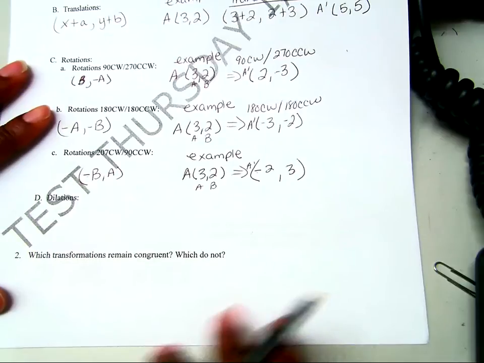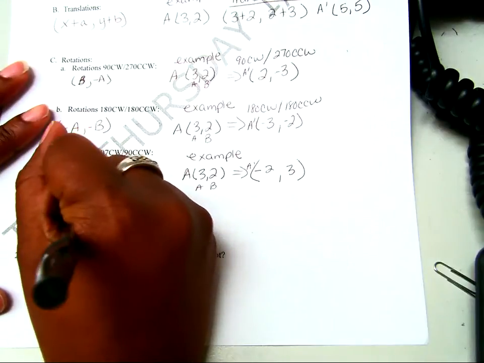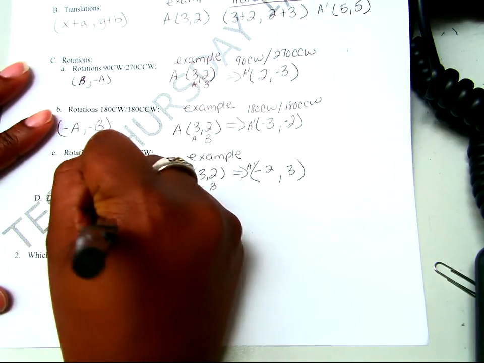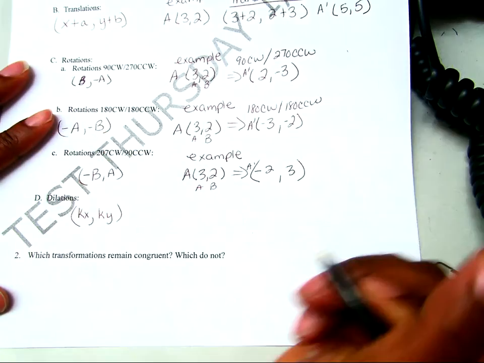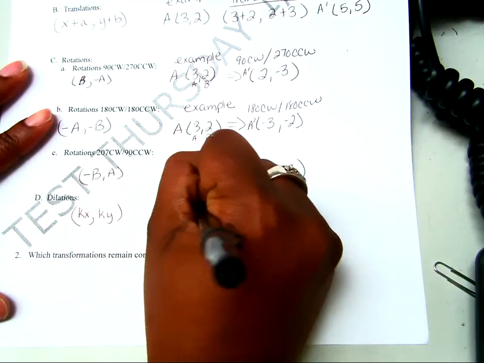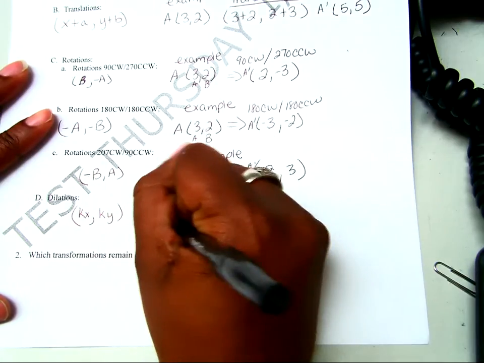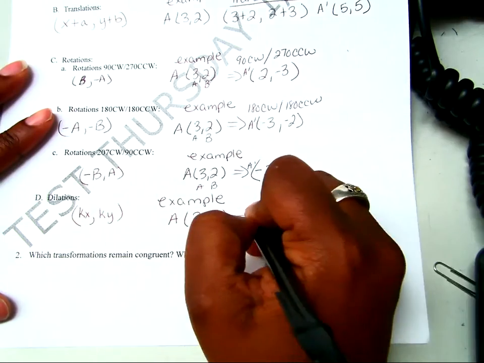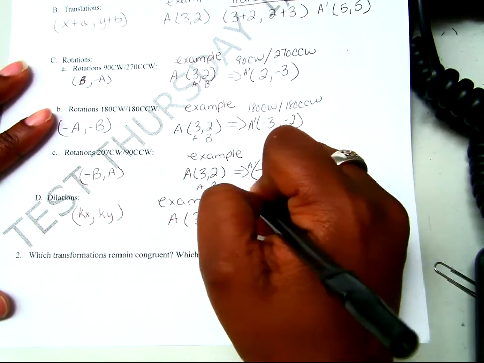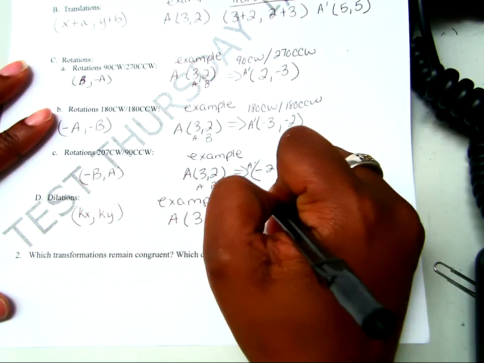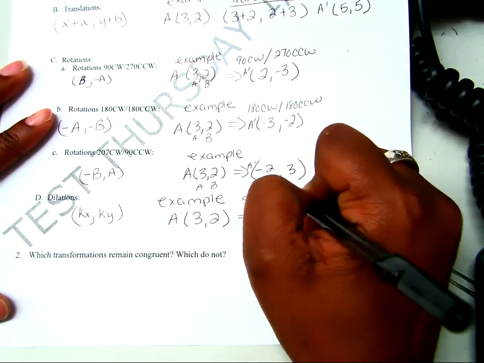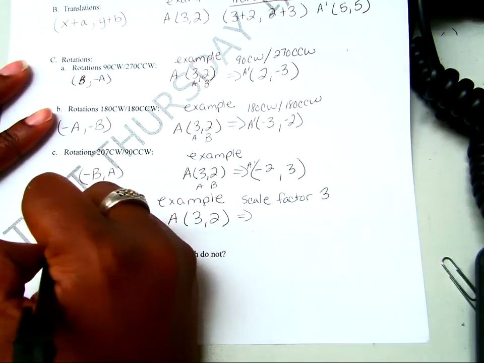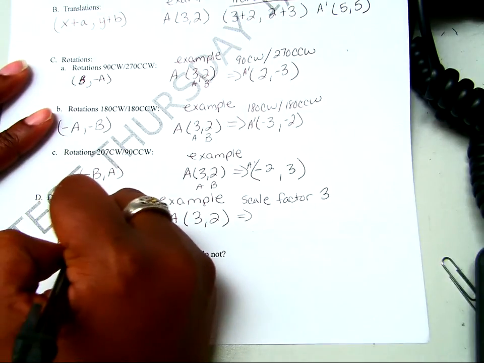Dilations. The rule is k times x, comma, k times y. That's the rule. Example, if I have A equals (3, 2), and I have a scale factor of 3, and you can put over here k equals scale factor in case you forgot.